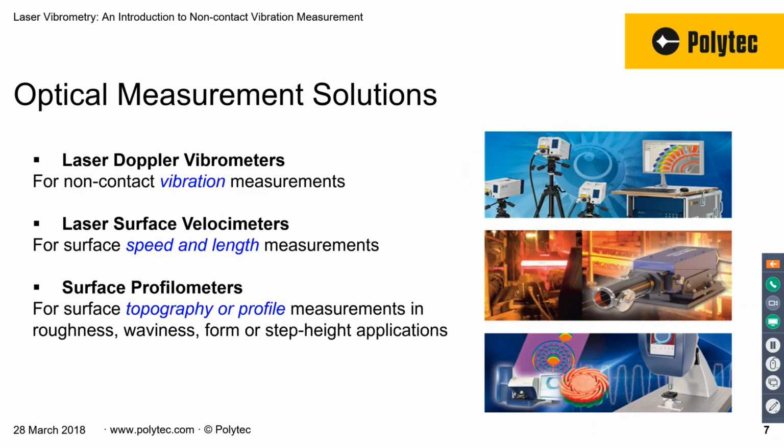Now, as I mentioned, we offer laser Doppler vibrometers for non-contact vibration measurements, but that's not the only optical measurement solution that we offer. We also produce laser surface velocimeters, or LSVs, for measuring surface speed and length, and also surface profilometers for measuring surface topography or profiles, roughness, waviness, form, or step height applications.